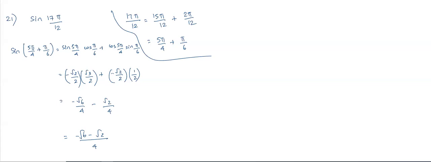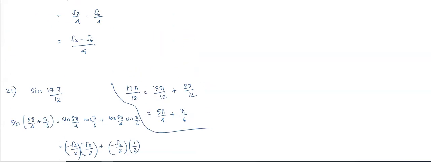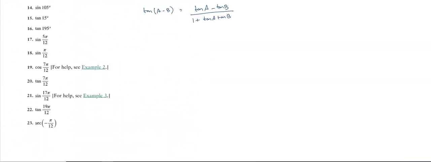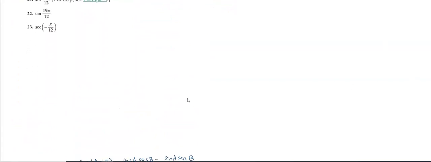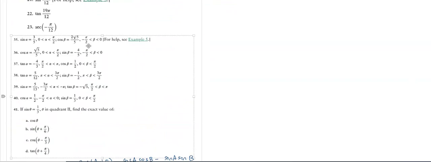The next problem I have is 23, secant. Okay, can skip that. So that takes us to the next set of problems. When you have to do secant, you can just do the cosine and then flip it. Okay, so the next set of problems that I have is 35 to 41 odd.